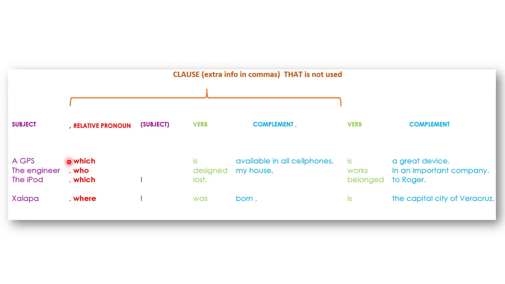Then the engineer who designed my house works in an important company. So in the middle, we have extra information. Then the iPod, which I lost, belonged to Roger. So in the middle, we have something extra. And Jalapa, where I was born, is the capital city of Veracruz. So in the middle, we have only some extra information.